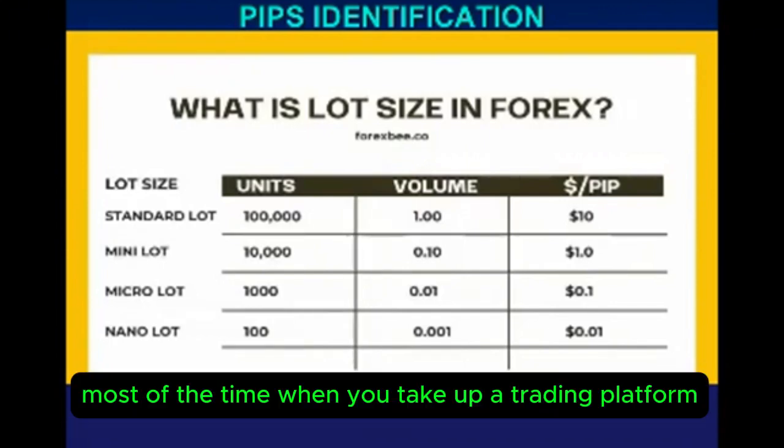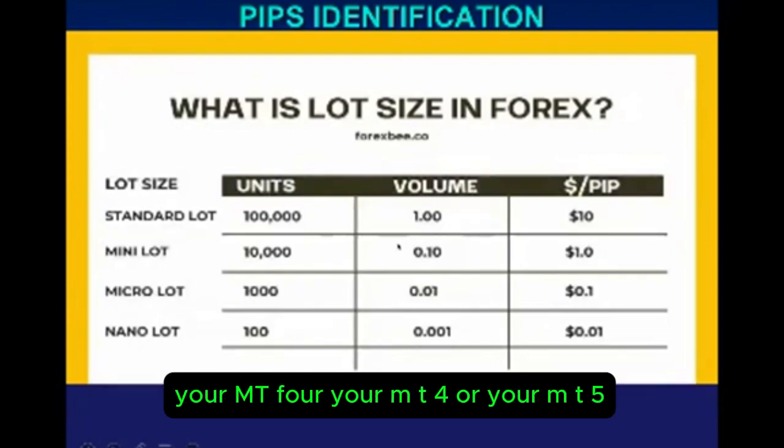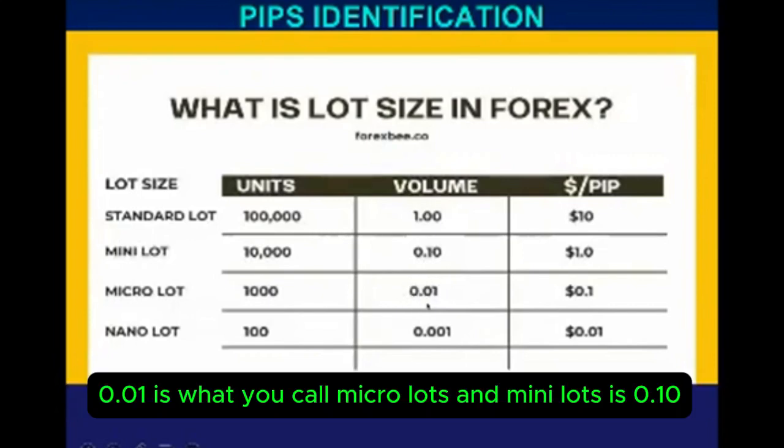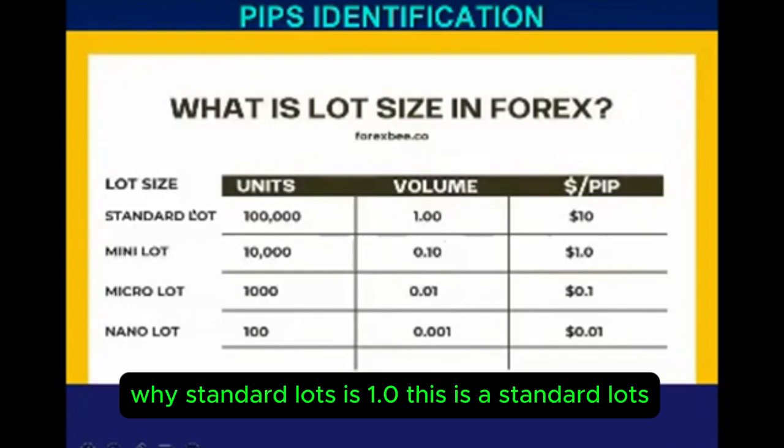Most of the time when you take up a trading platform, your MT4 or your MT5, the minimum you'll see is 0.01. 0.01 is what we call micro lots, and mini lot is 0.10, while standard lot is 1.0. This is a standard lot.